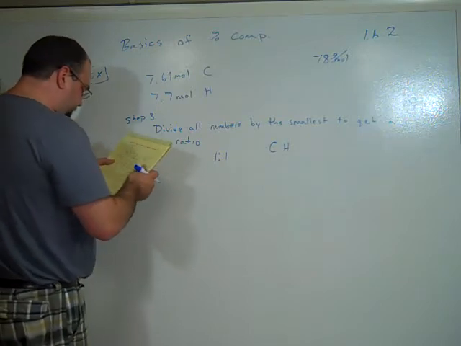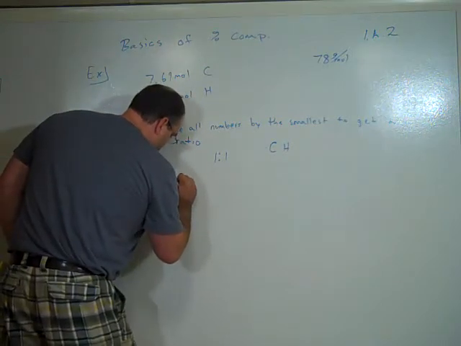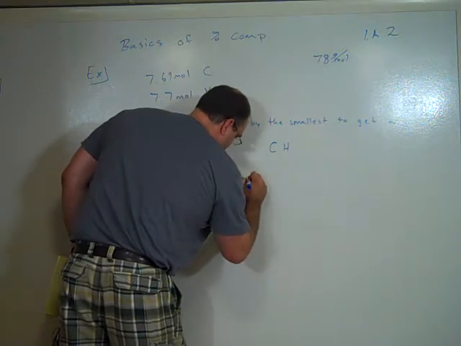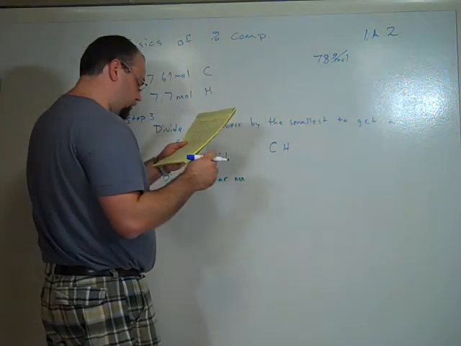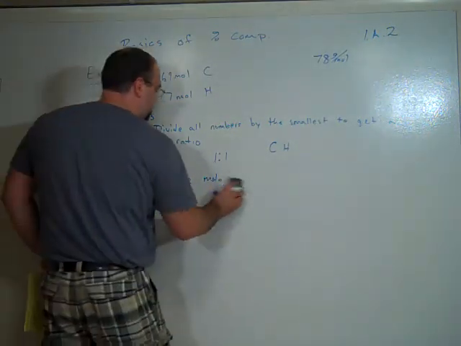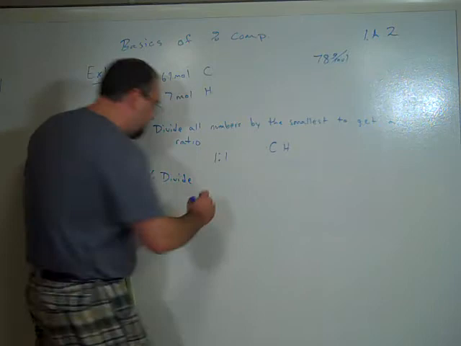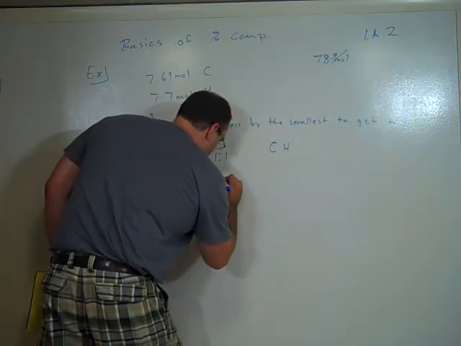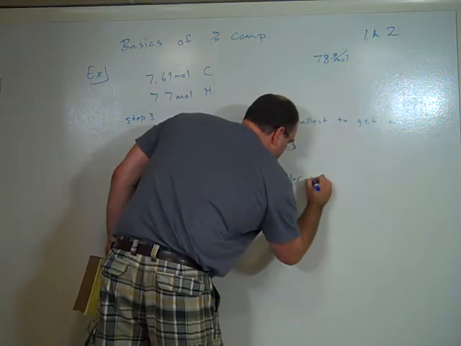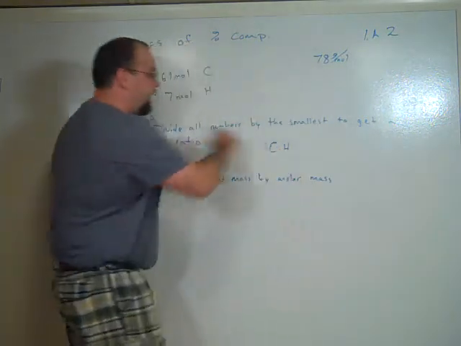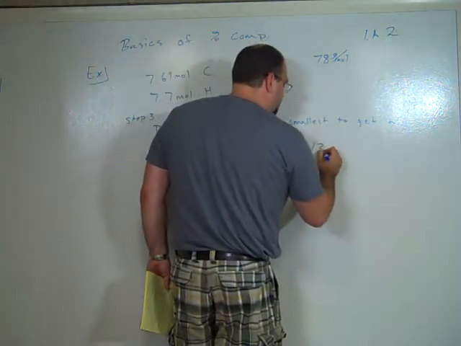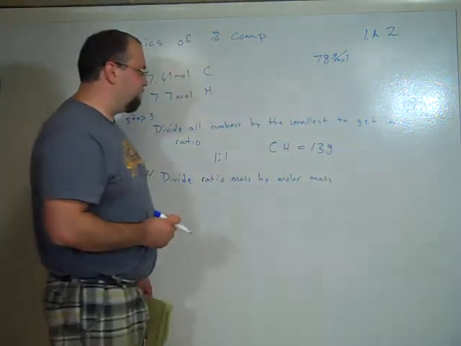All right, step 4. Divide ratio mass by molar mass. So if my compound is CH, I know that carbon weighs 12 and hydrogen weighs 1, so the mass of this thing is 13 grams, right?